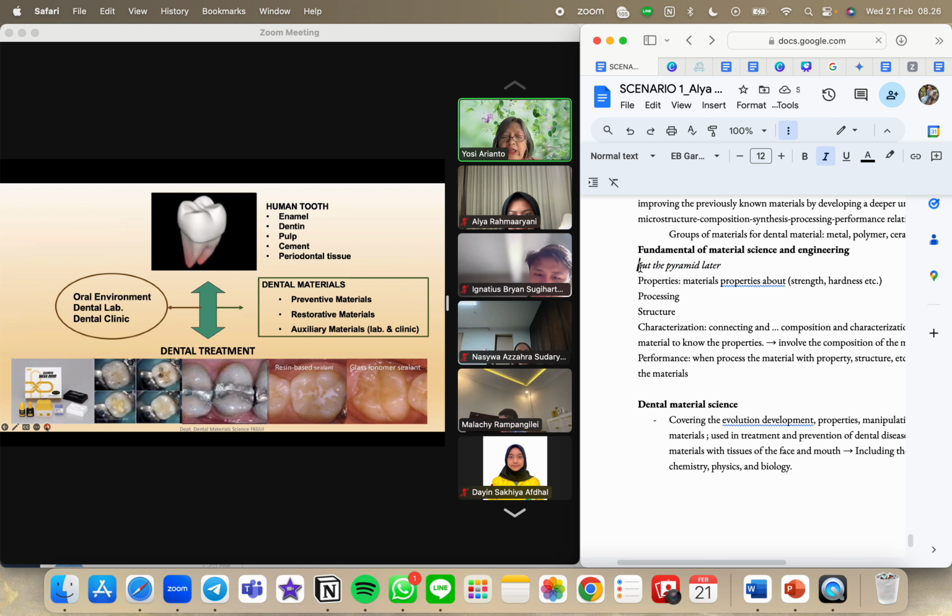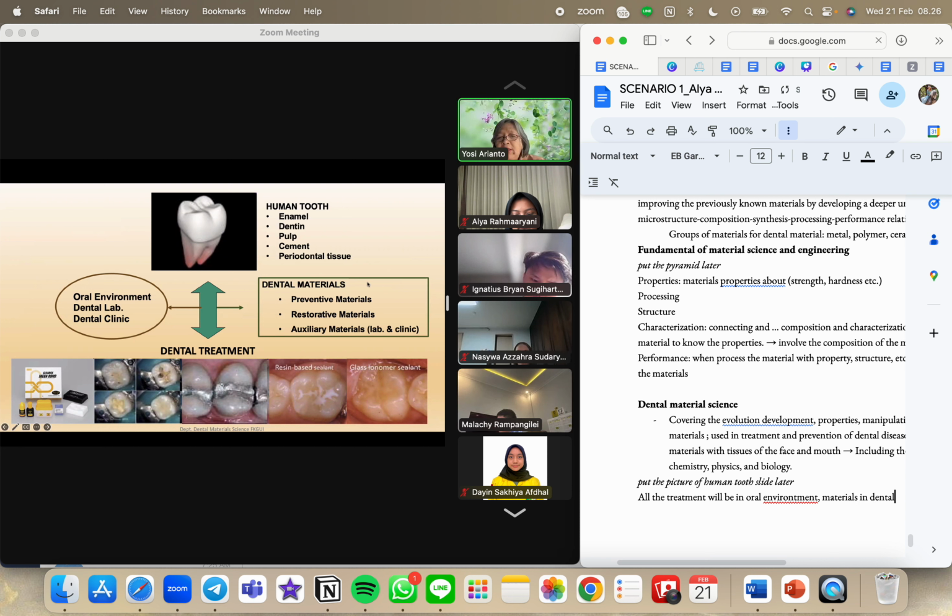All of these, in dentistry, we do the treatment on the human tooth, especially in the environment of the mouth. For this treatment there will be the oral environment, and materials in the dental lab, also in the clinic, of course.